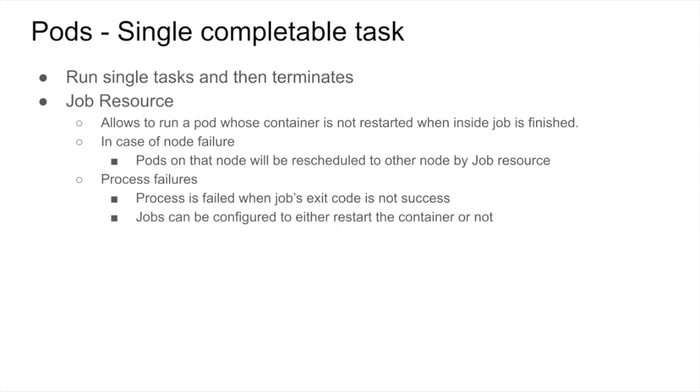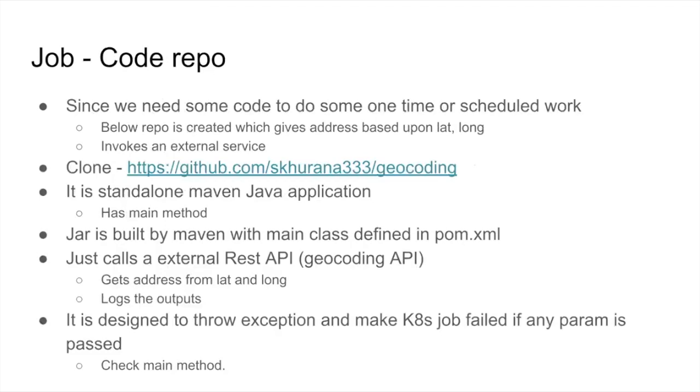You can configure the job to restart the container in case of failure, because failure might have happened because of some temporary issue with the container. Or you can configure it to not restart the container, because even if you restart, the job might still fail. So these are the configurations which you can do.